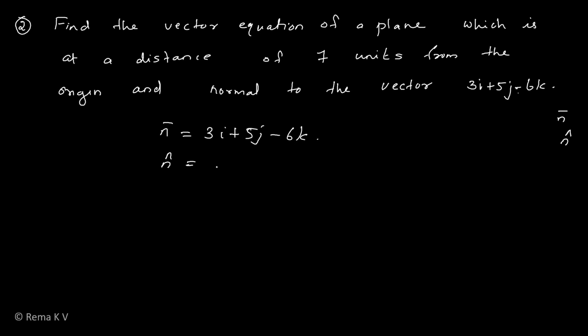It is root 70. So to find the unit normal vector, we have to divide this vector by its magnitude, that is root of 70. Now we can write the equation.